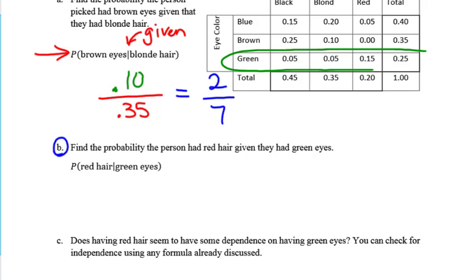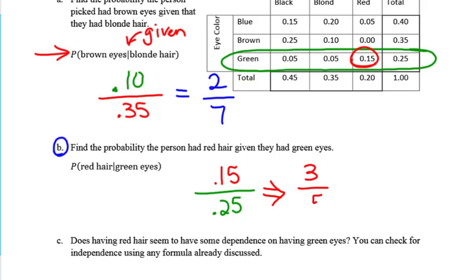We're only worried about the green eyes, so that's our denominator, the total, 0.25. Out of those green-eyed people, how many of them have red hair? We'll look for that red hair in that area. So 0.15, which we can simplify to 3/5.